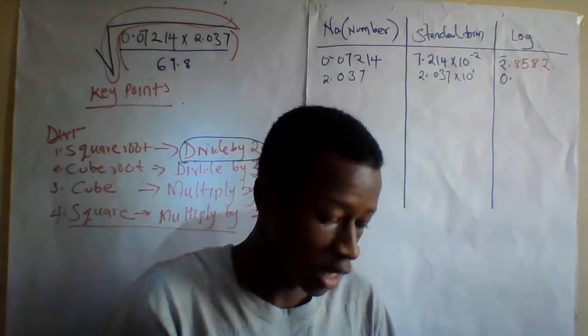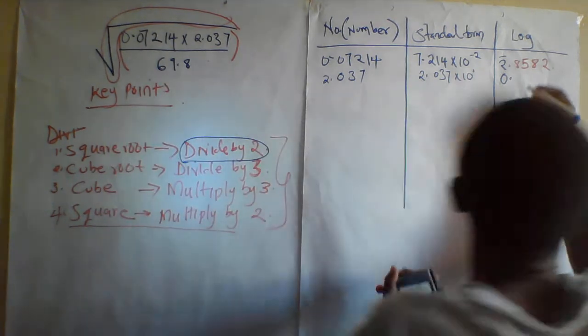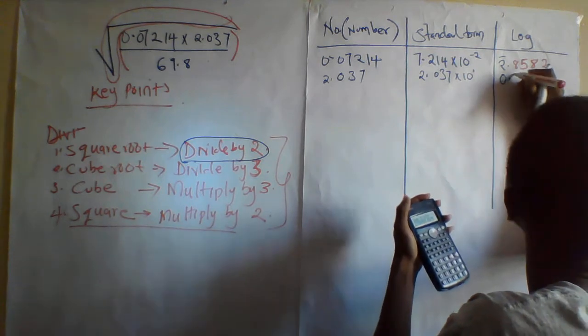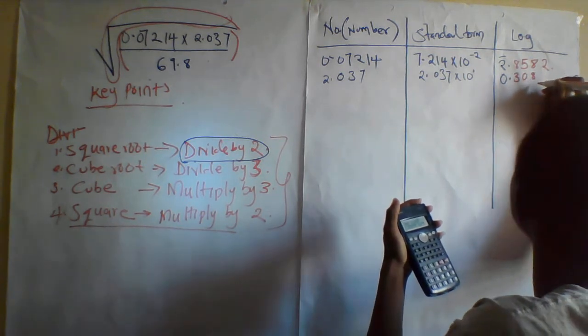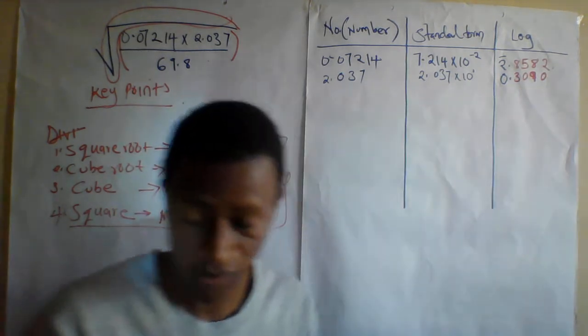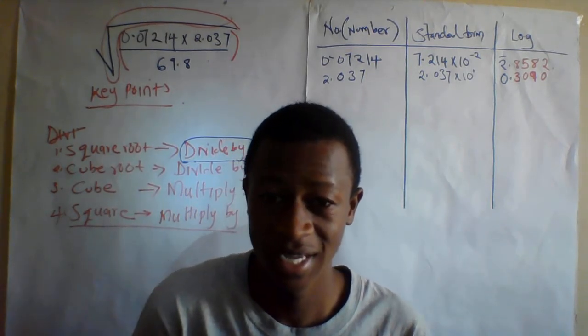So when you look at the log of 2.037, this is 308 and that is 90. Up to that point, students, we are all together.